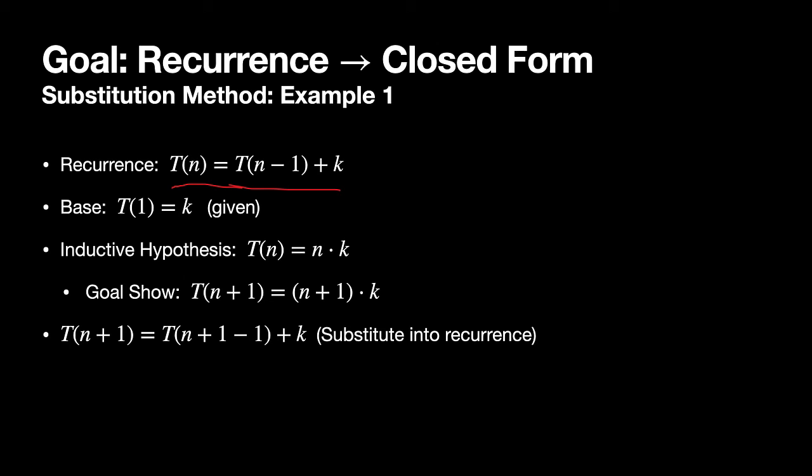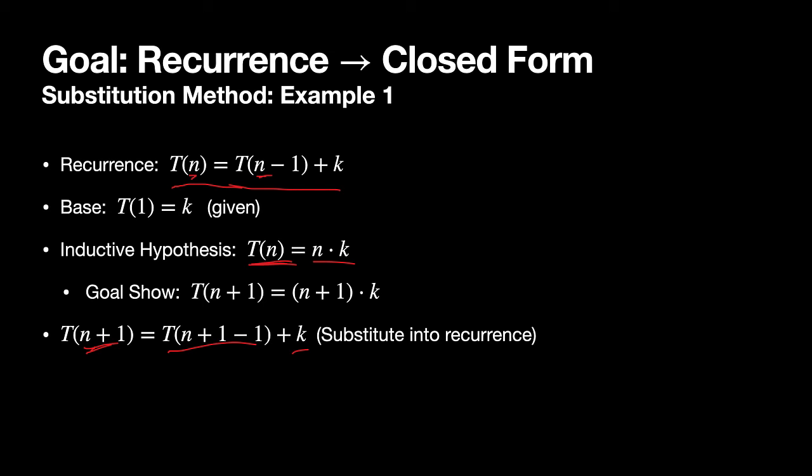And we have our inductive hypothesis. We're going to assume that the T of n is n times k. So let's think about the T of n plus 1, using our recurrence relation and filling in n plus 1 in place of n. The T of n plus 1 is the T of n plus 1 minus 1 plus k.